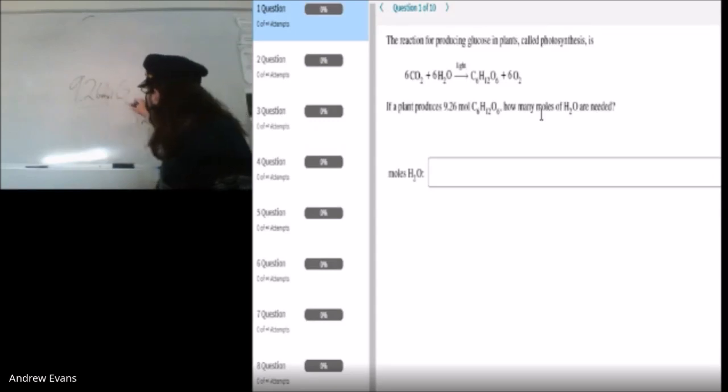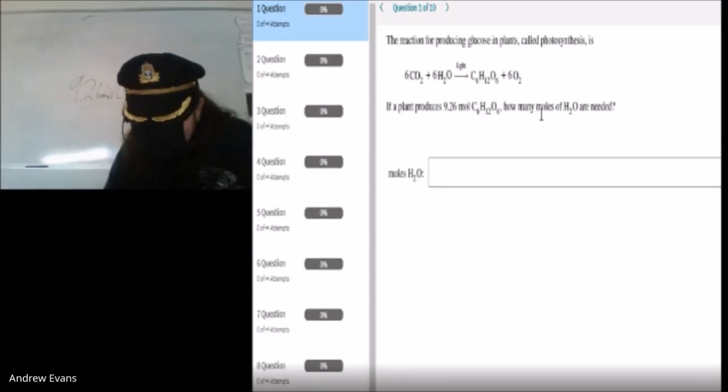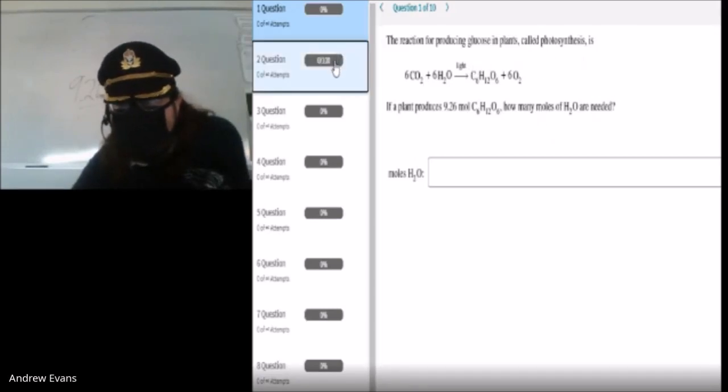Because we want moles of G to cancel with our moles of G. So that is why we're setting it up in this fashion. So in this particular problem, I'm just going to multiply my 9.26 by 6, and that would give us our answer. I'm not even going to bother to solve that one.